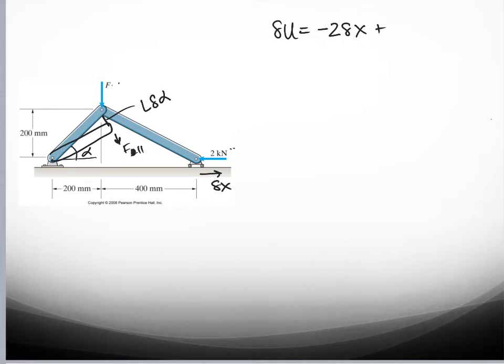Sorry, force parallel. And that is going to be given by F cosine of alpha times delta alpha. And so that is the expression for the work done by the virtual displacement. But the problem is we want to know how these are related.